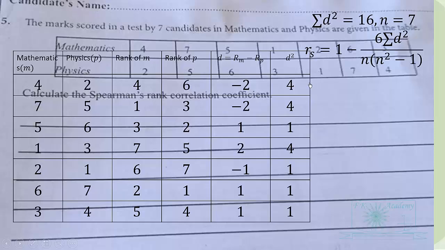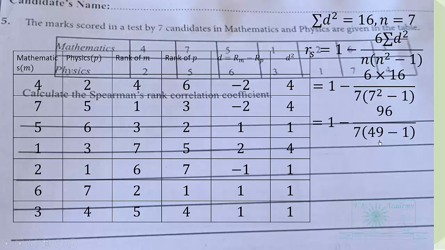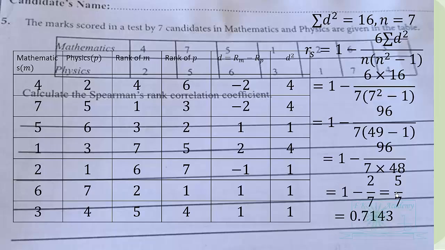And we can now substitute these variables into this formula to get 1 minus 6 times 16 all over 7 times 7 squared minus 1. 49 minus 1 will give you 48. 48 will go into 96 2 times. So we have 1 minus 2 over 7, which is 5 over 7, or 0.7143. So that is the Spearman's rank correlation coefficient.